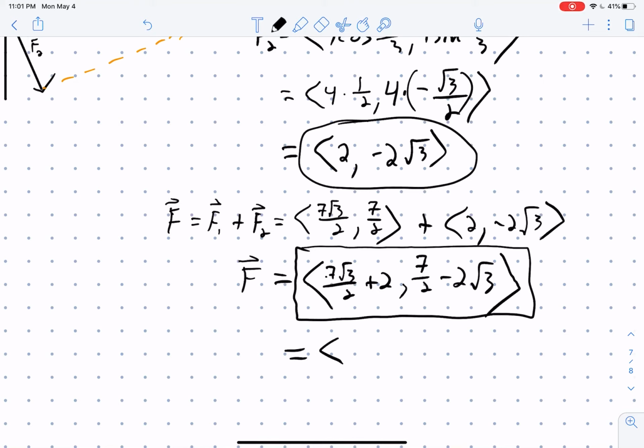The x-coordinate, 7 radical 3 over 2 plus 2, if we add those together, we get approximately 8.06. And for the y, 7 halves minus 2 radical 3, we get 0.04. So what we have here is a positive x, and the y is positive but very close to 0.